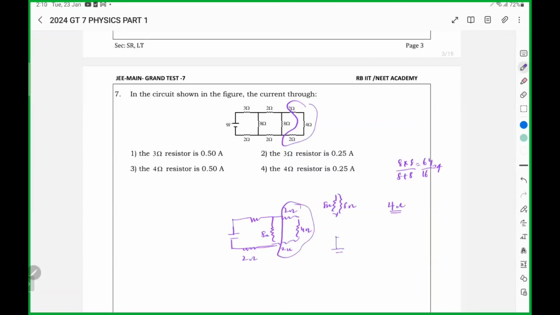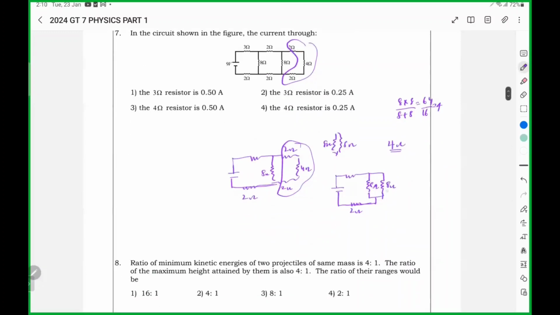If you redraw the circuit, here 8 ohms. These two are in parallel. Here it is 3 ohms, right? So 8, 8 in parallel gives 4, 4 plus 2, 7 plus 3, 10.